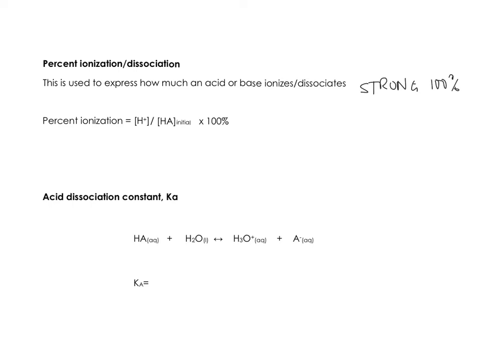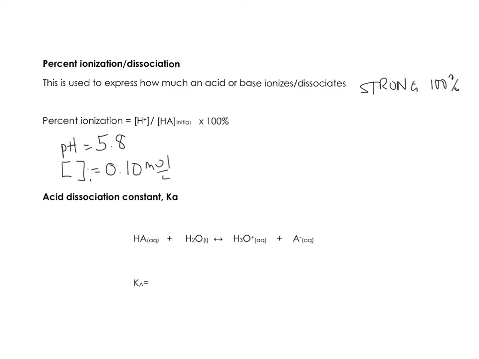So let's say the pH of an acid is 5.8. The initial concentration is 0.10 mole per liter.